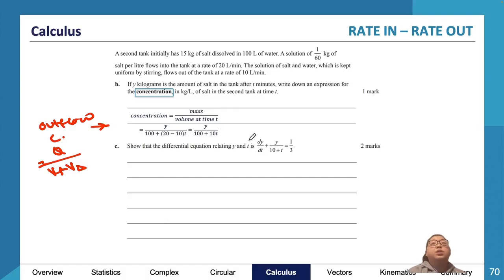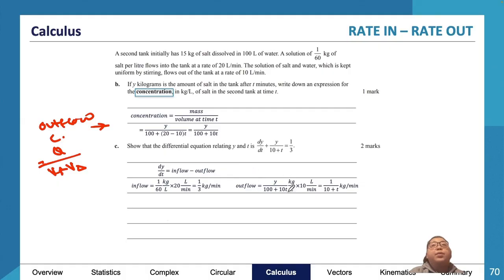And they want us to show the differential equation. So we want dy/dt to be inflow minus outflow, and we can just set that up. Our inflow will be 1/60 times 20, because that's our concentration going in and that's our volume going in. Concentration times volume is going to be your mass, so you'll get 1/3 kilograms per minute.